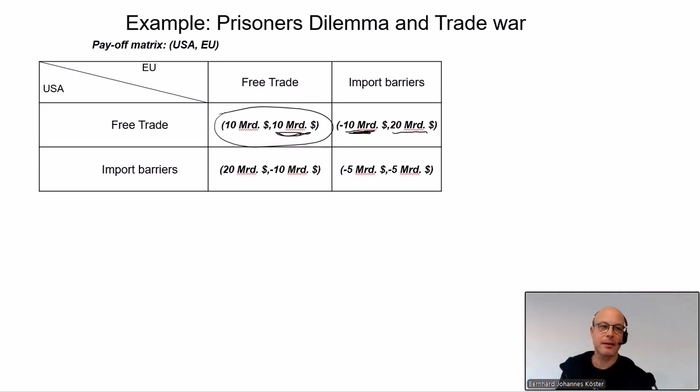And if then we look at a symmetric situation, if the countries are more or less both similarly powerful, and there especially we can have a look at the United States and China, we have seen that they both directly in parallel increased their tariffs.